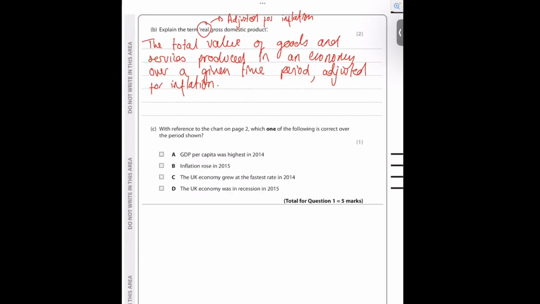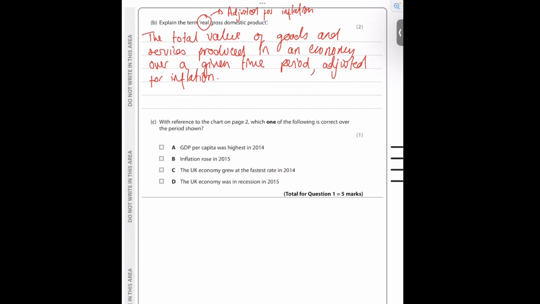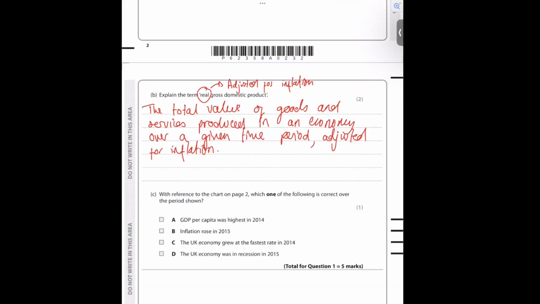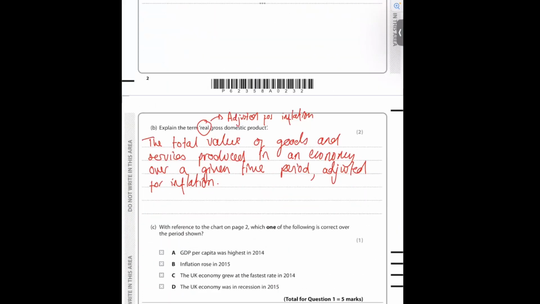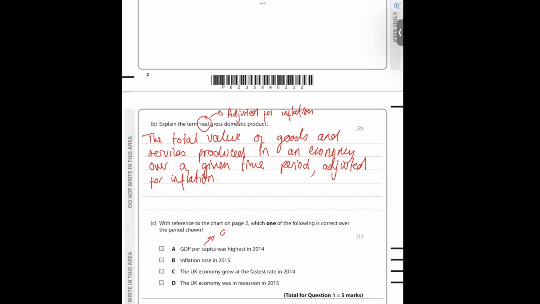Done. With reference to the chart on page 2, which one of the following is correct over the period shown? Okay, GDP per capita. Well, we don't know. GDP per capita is GDP divided by population, so it can't be that.